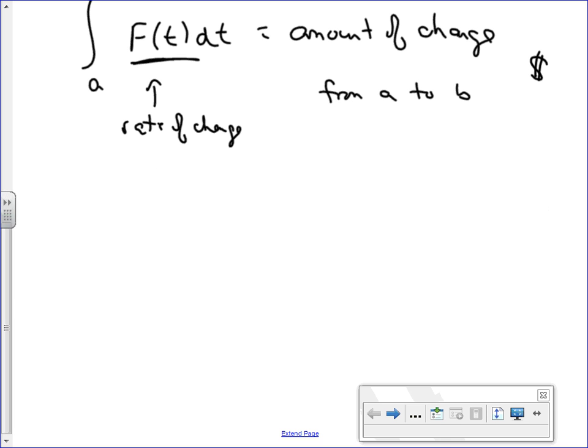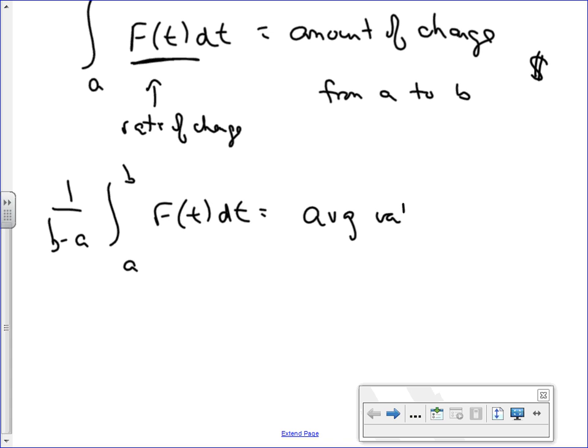What would this mean? This is the average value. It's the average value of whatever's here.